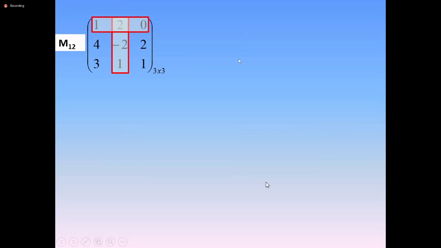Then what are the remaining values? You can see here the remaining values are 4, 2, 3, 1. That makes a determinant, a second order determinant. Then you can calculate.